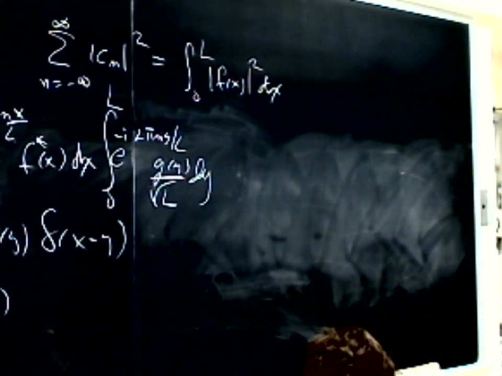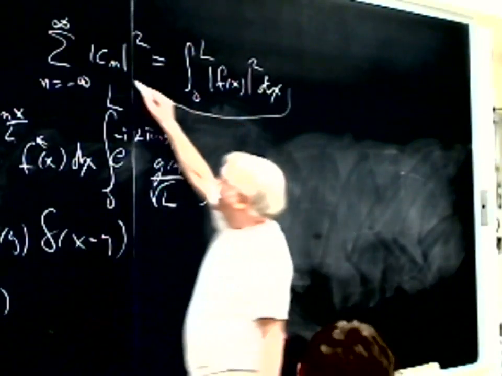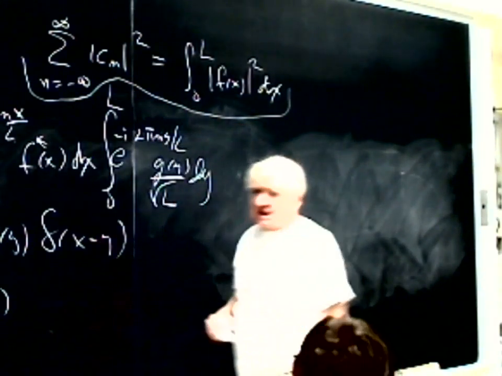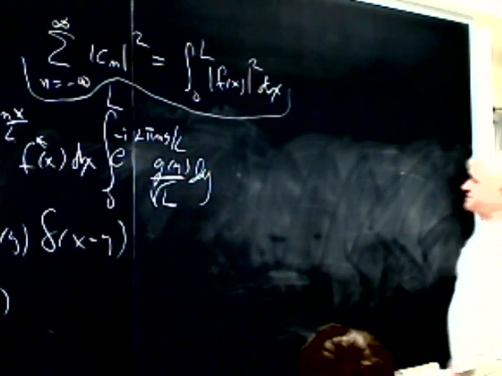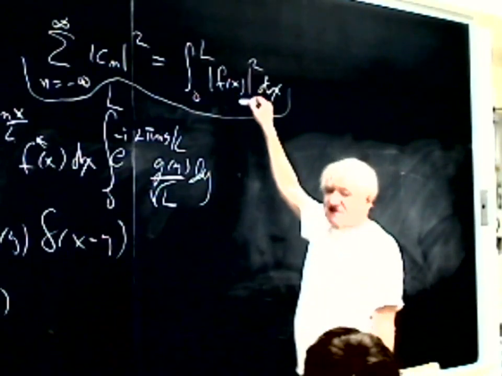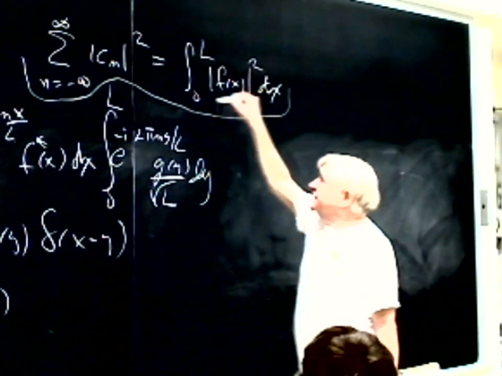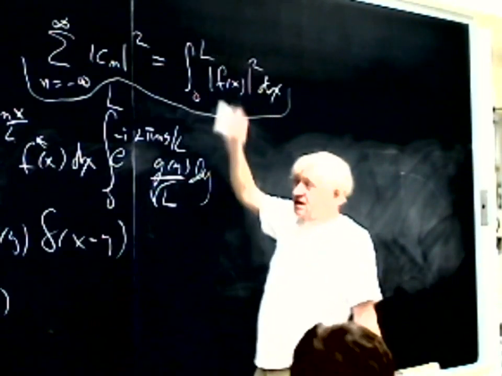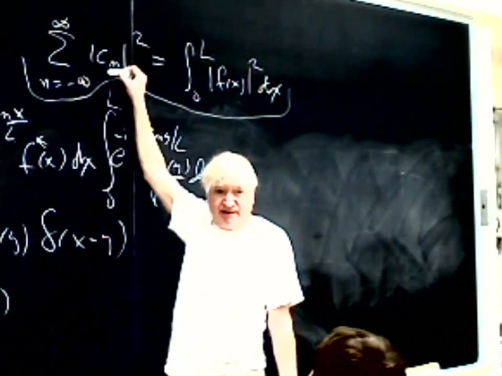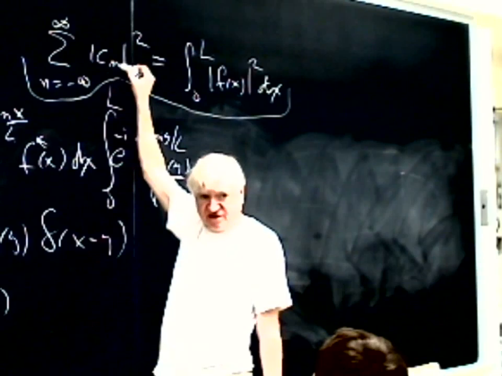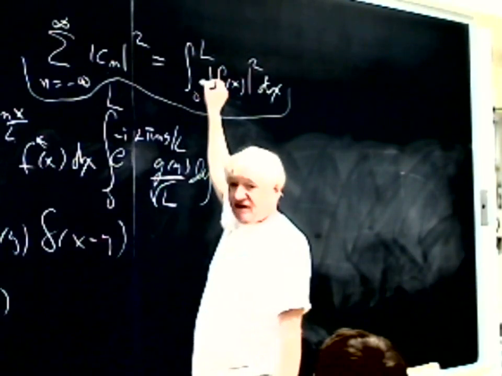And this has actually something deep lying beyond, something very nice lying behind this. Notice that if this integral converges, then the function f is said to be square integrable on the interval 0 to L. And if that integral converges, well, this sum has to converge. This is a sum of positive terms, or at least non-negative terms. This sum then converges.